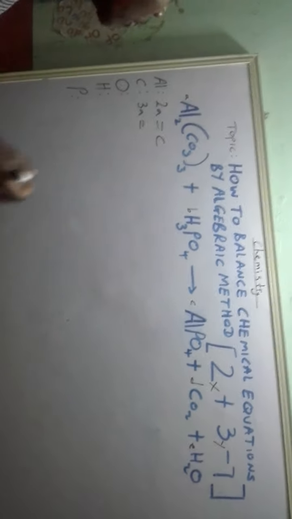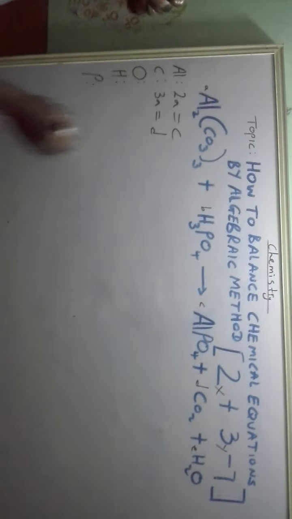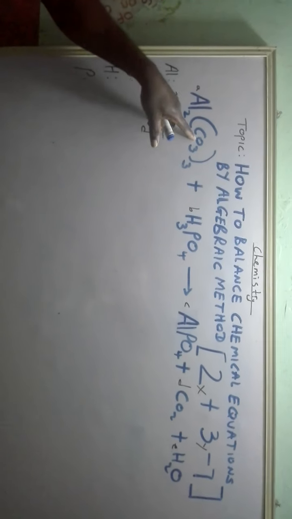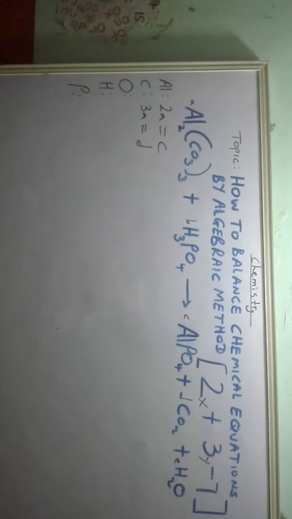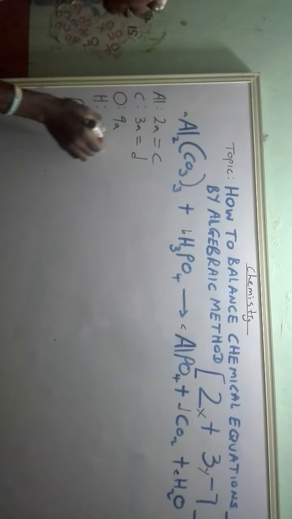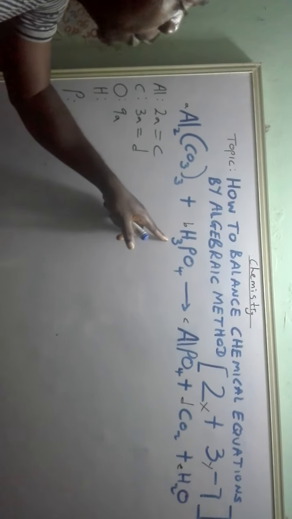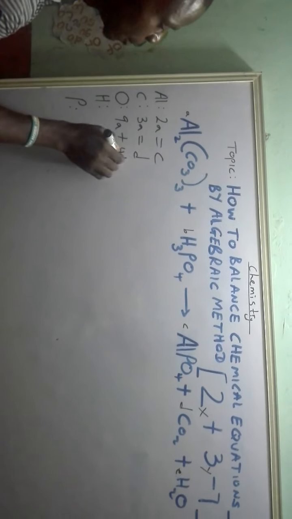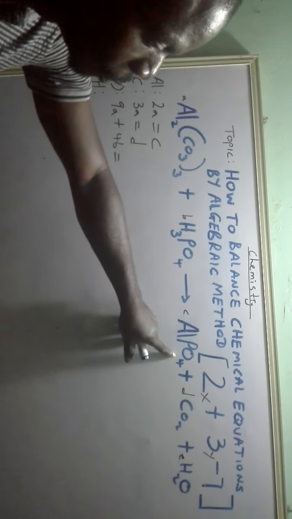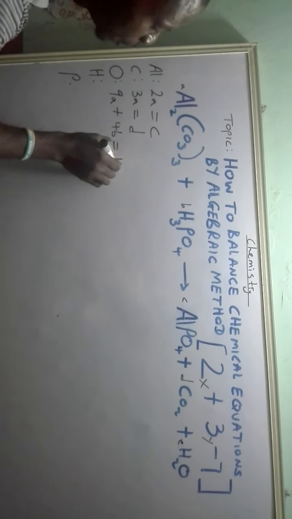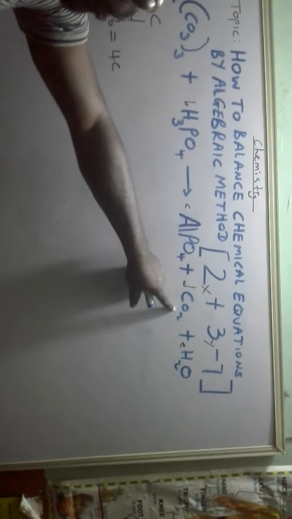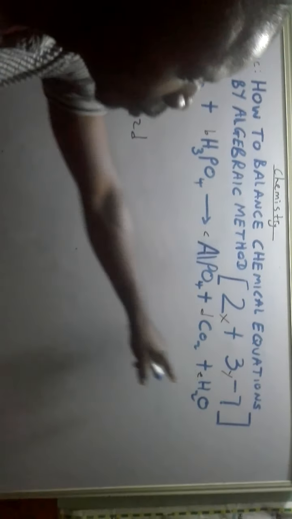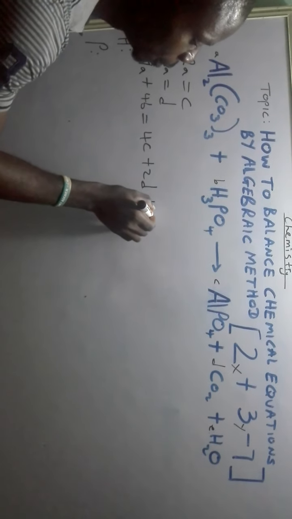So 1 times D is equal to D. Now the next player is oxygen. Oxygen is 9, 3 times 3 is 9. So we put 9A. Still on the reactant side, 4 atoms of oxygen plus 4B equals 4 atoms of oxygen, 4C, 2 atoms of oxygen plus 2D, 1 atom of oxygen plus E.